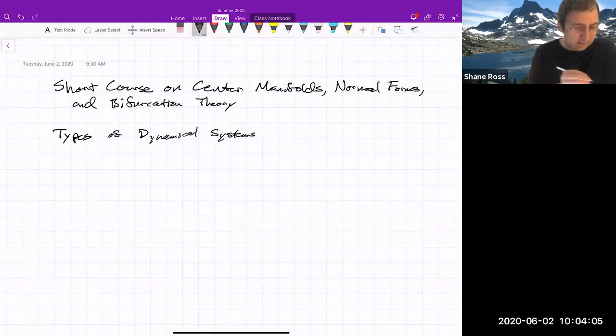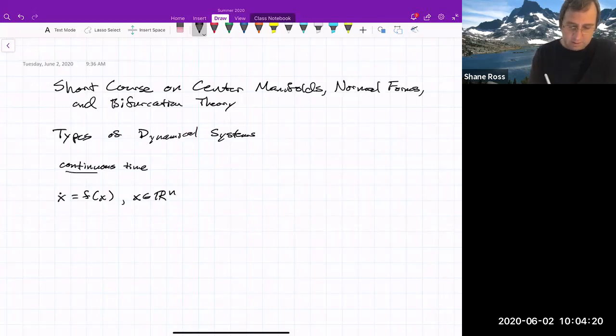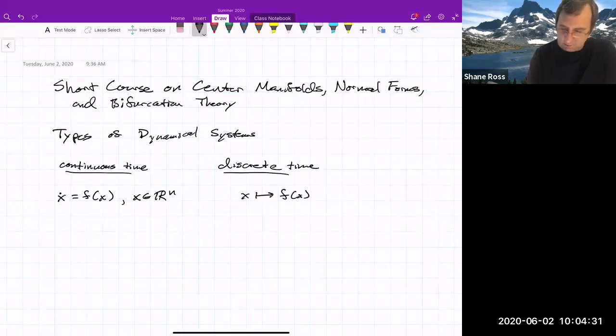Those are continuous time, so an ODE, like x dot equals f of x, and discrete time, so x maps to f of x, or with an index n, x_{n+1} equals f of x_n. These are usually called maps over here, and these are ODEs.